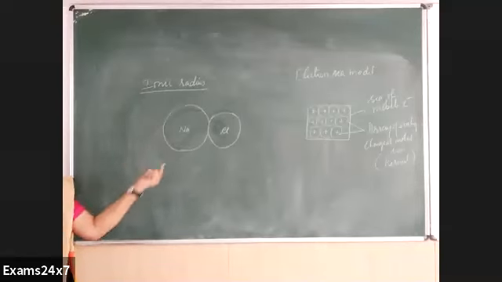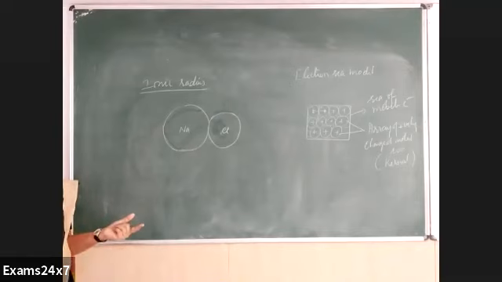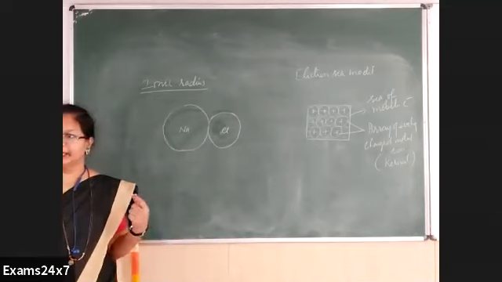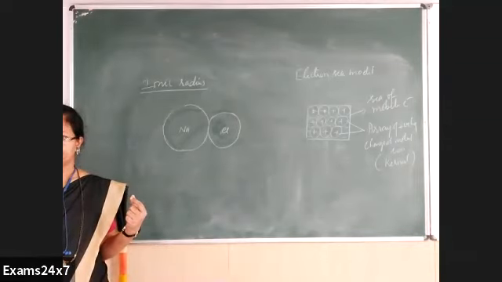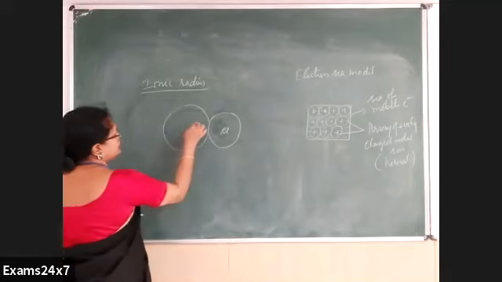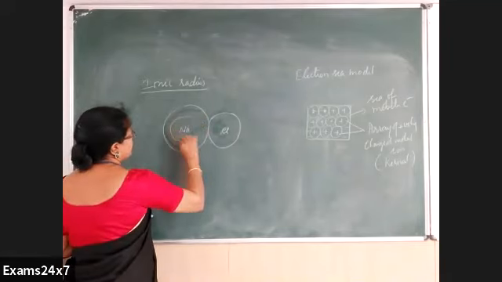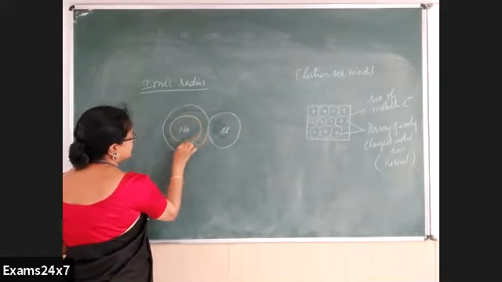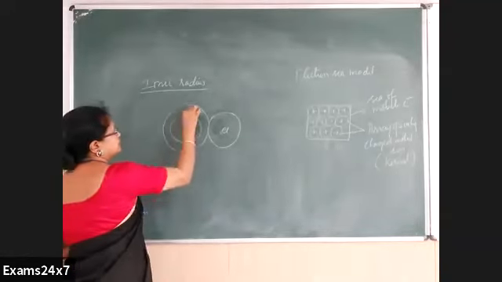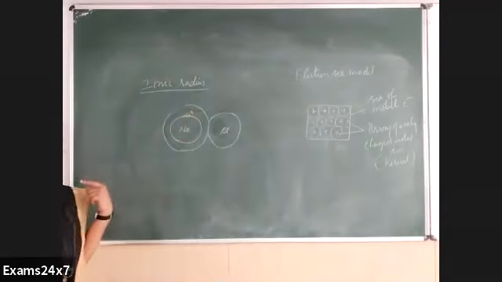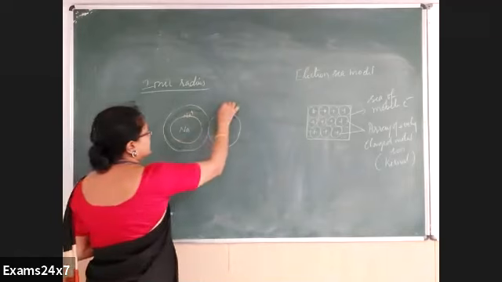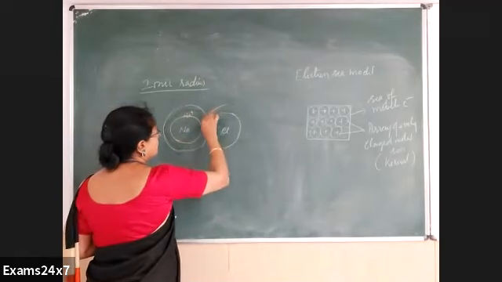So sodium loses an electron. What would it become? Na+. Is Na+ larger than Na or smaller than Na? Smaller. By losing an electron, cations are smaller than the neutral atom. So sodium becomes smaller now. This is Na+. What would happen to chlorine after gaining an electron? It becomes Cl-. It grows larger, right? Can I show chlorine now larger like this?